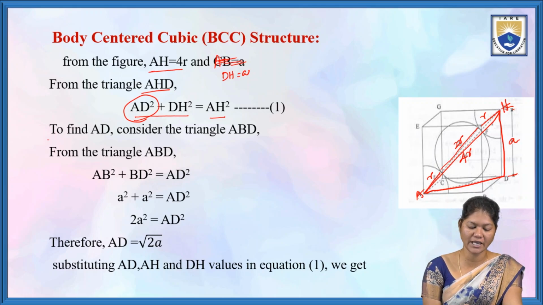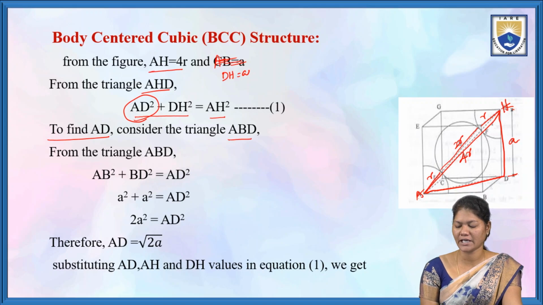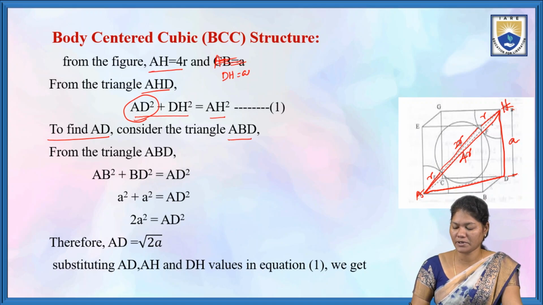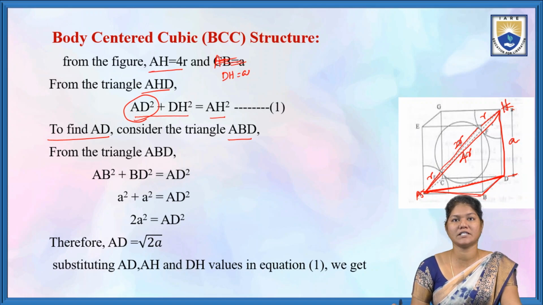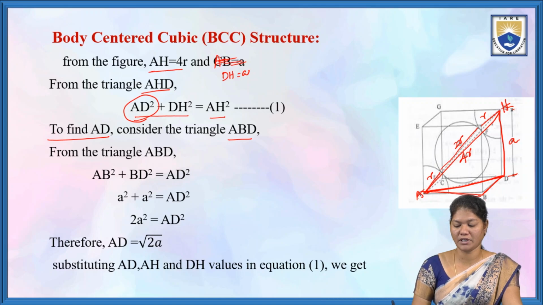So to find this AD square, first we want to know AD. To find the AD, we are considering the ABD triangle. This triangle is used to calculate the AD value.